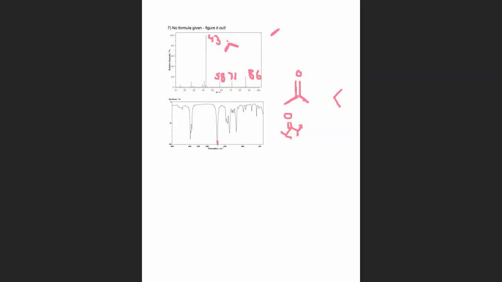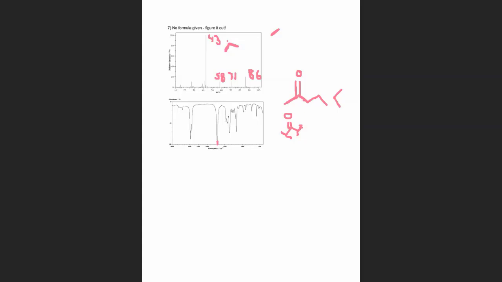Now with 58, since we have a carbonyl, we could try to see if doing a McLafferty would make this a 58. And so in order for us to have that McLafferty, we need to have enough carbons in this chain to have a gamma. So let's see, alpha, beta, gamma.